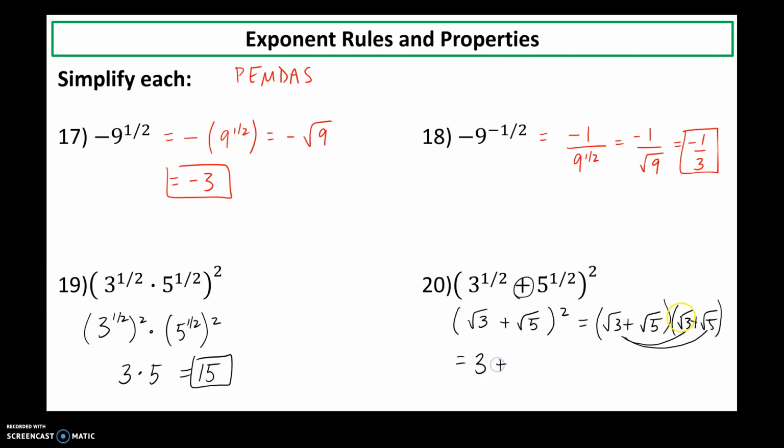Outer, square root of 3 times square root of 5, you would get square root of 15. Inner, same multiplication, square root of 5 times square root of 3 would be square root of 15. And then last, root 5 times root 5 would give you +5. So combining like terms, this would become 8 plus 2 times the square root of 15.